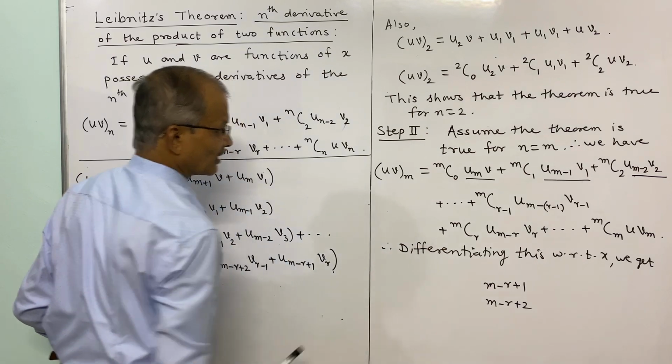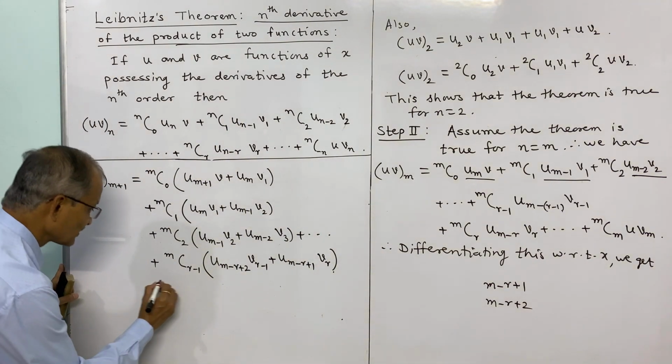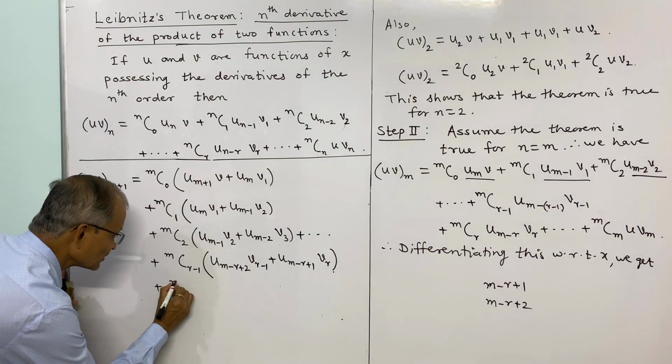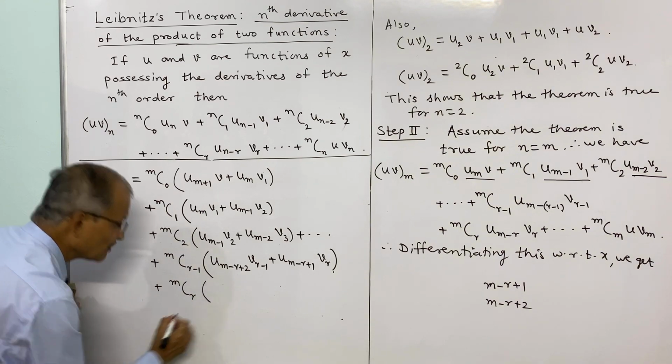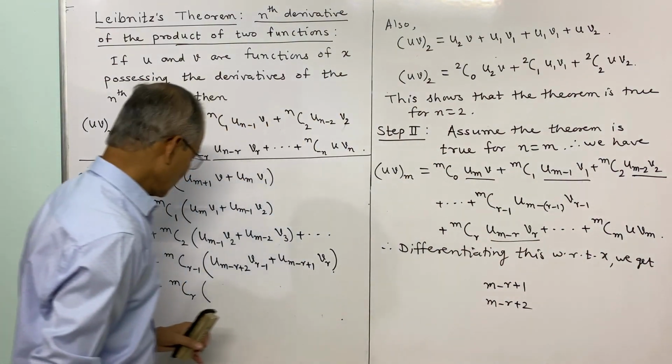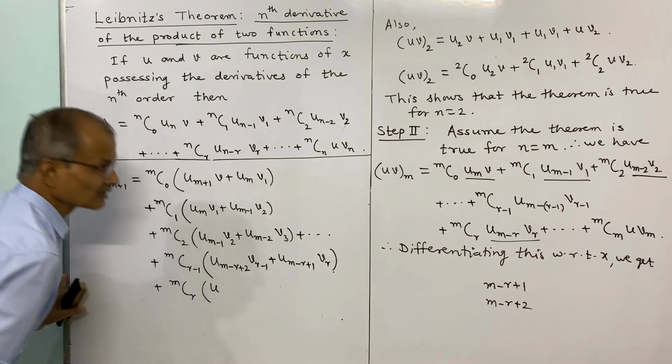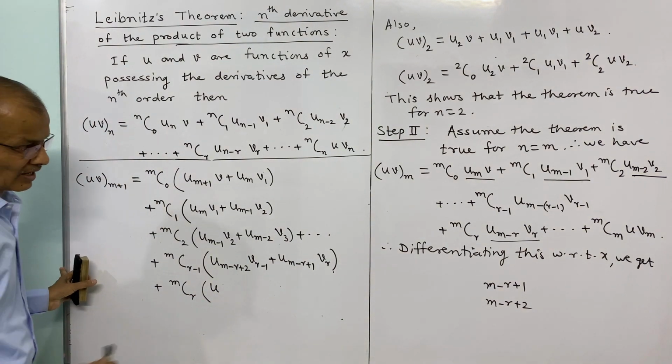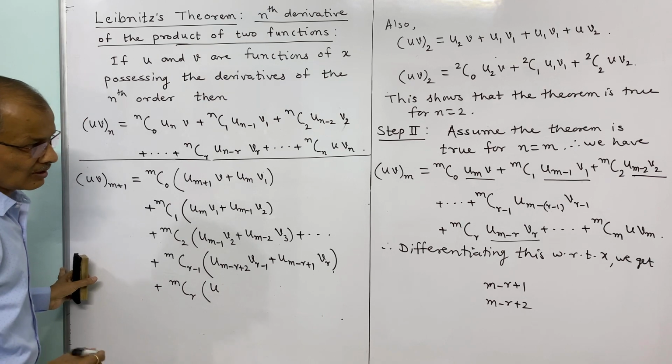So this much is the derivative of this term, and plus the next term in continuation is m choose r, and now the derivative of this product. You can verify: we are using the same product rule to write the derivative of each product.